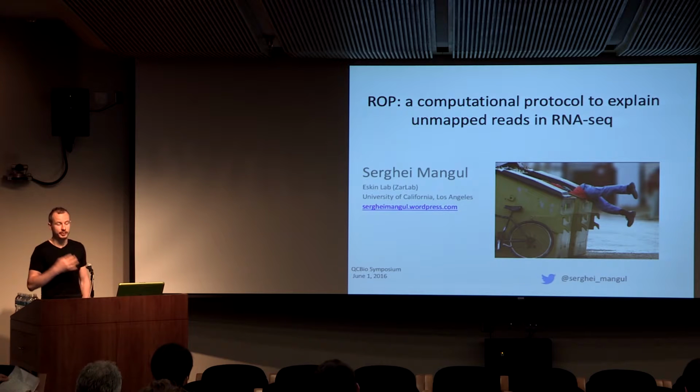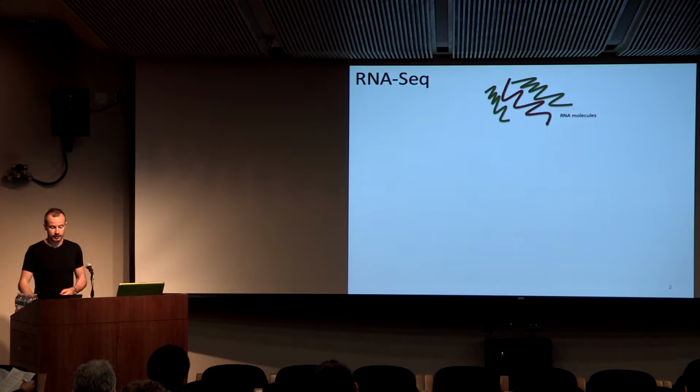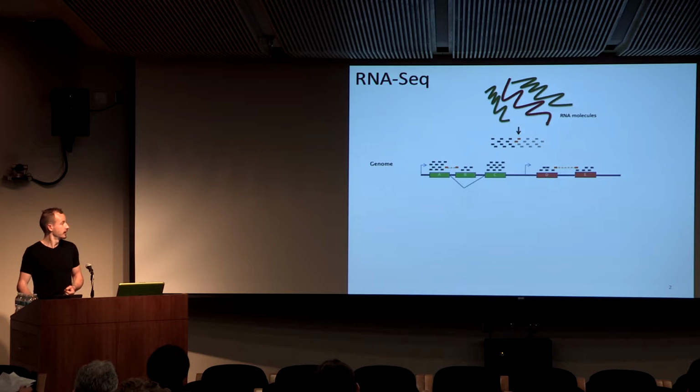To account for the missing data, we designed the ROP, which is the Read Origin Protocol, which I will explain in a couple of seconds. Thanks, Grace, for doing a great introduction to RNA-seq. Actually, those are exactly the same slides we are using.